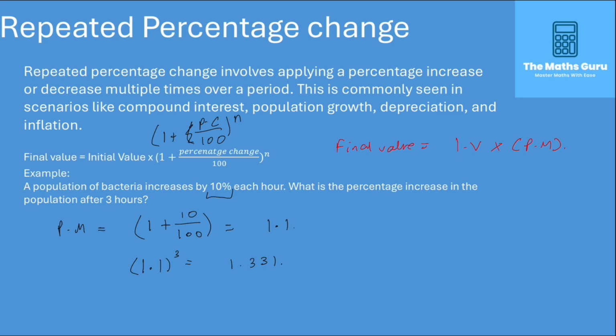And the way we work out the percentage increase is to minus 1. Because 1 is the whole, this is to get us our increase. So minus 1 from this, and we get 0.331. And to put this into percentage form, we times by 100 to say there is a 33.1% increase in the population after 3 hours.